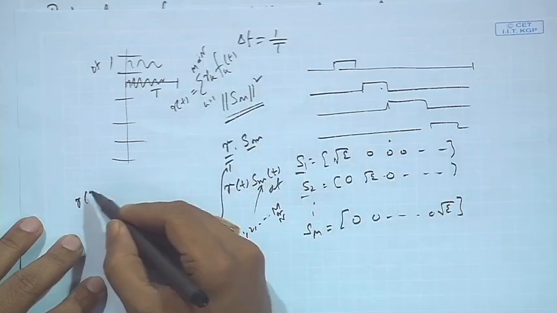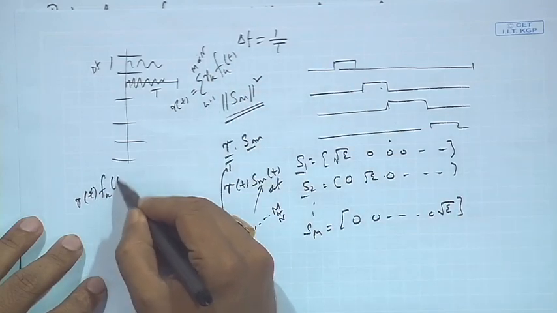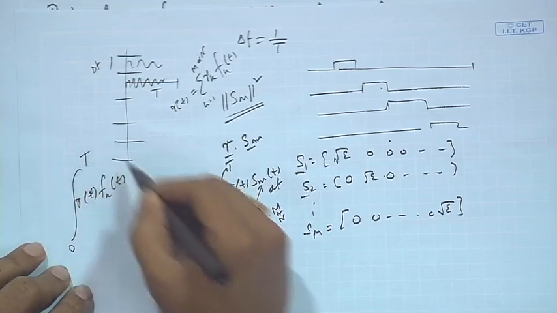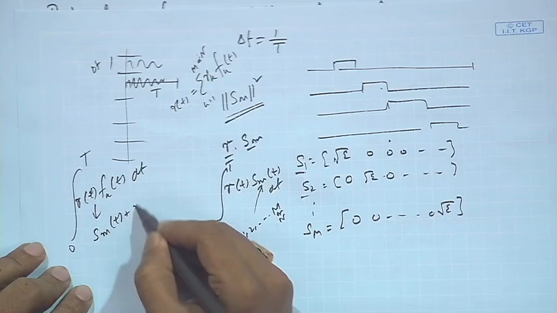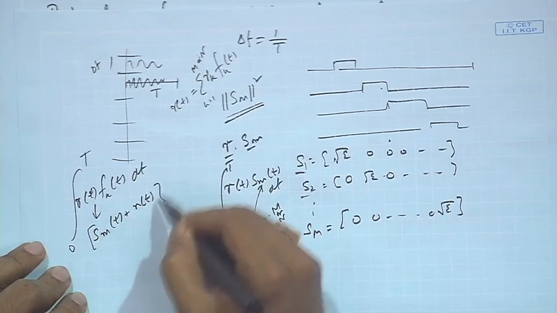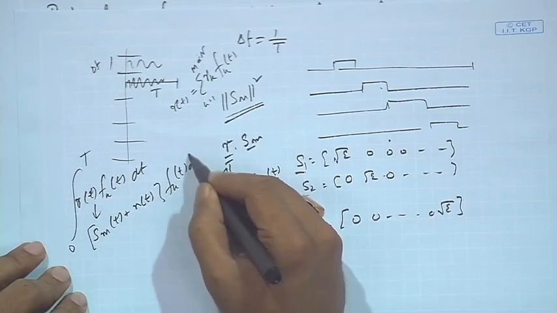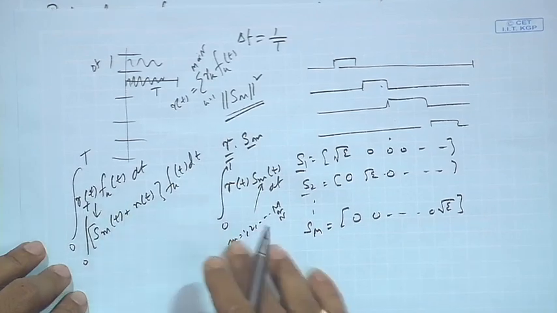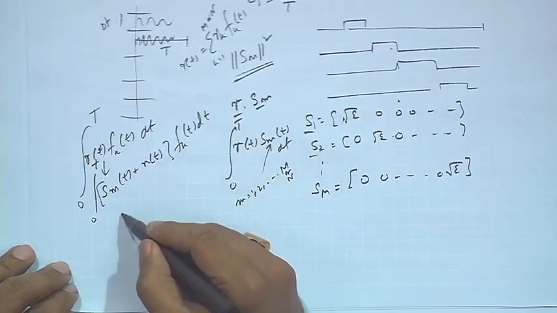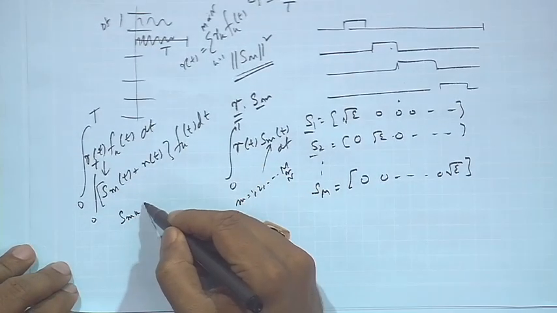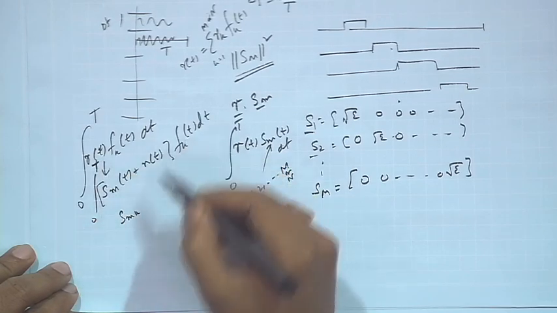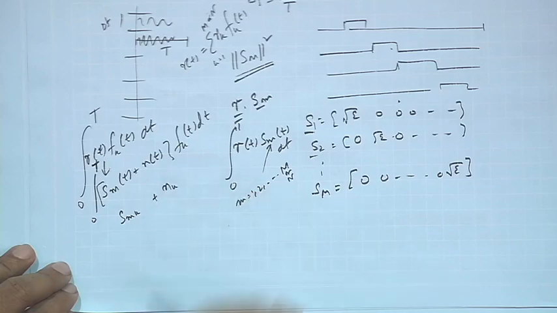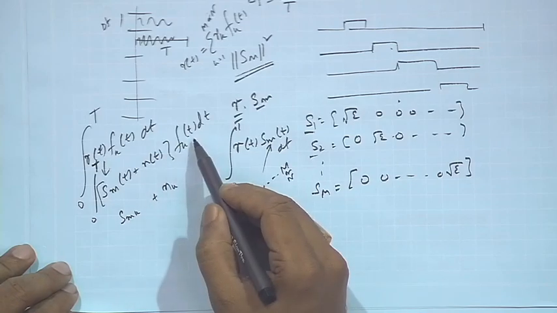You are basically taking the integral from 0 to T of r(t) f_k(t) dt, and r(t) was Sm(t) plus n(t). This exercise we had done thoroughly before, and hence what you have is Sm_k, the integral from 0 to T of Sm f_k, plus n_k, that is the component of noise on the basis dimension.